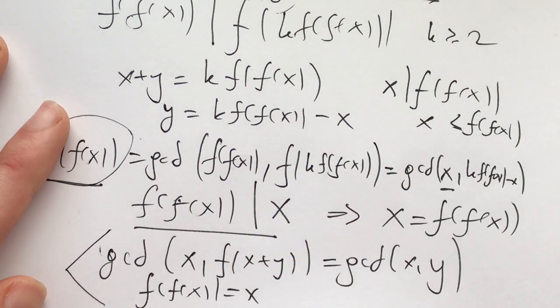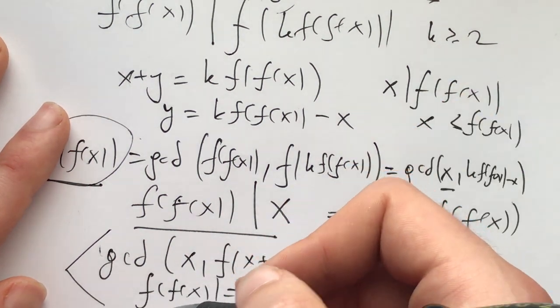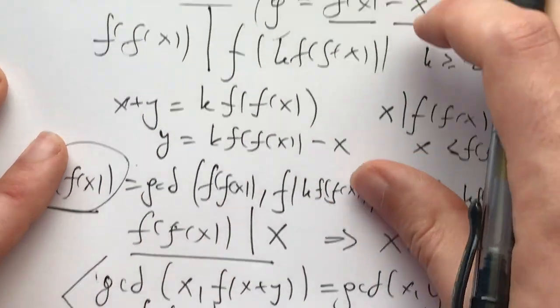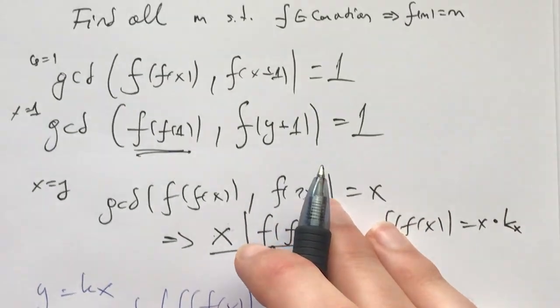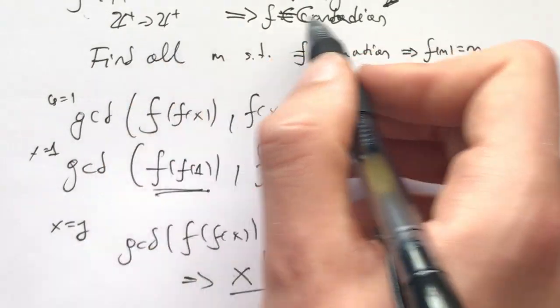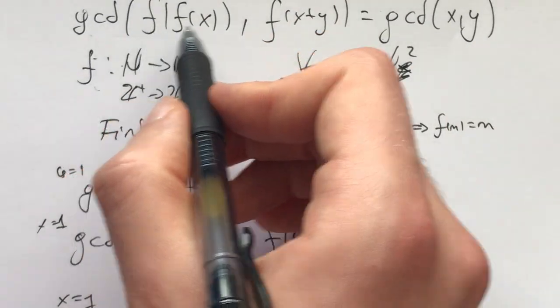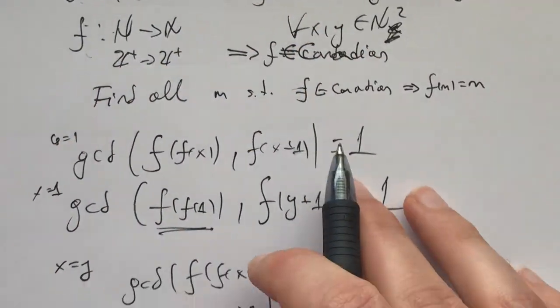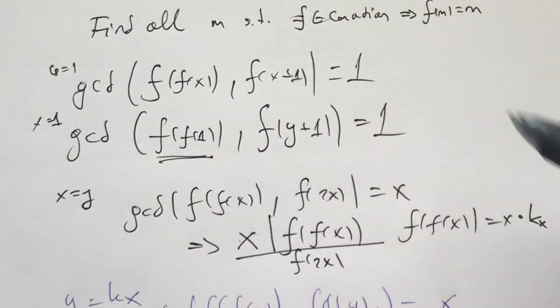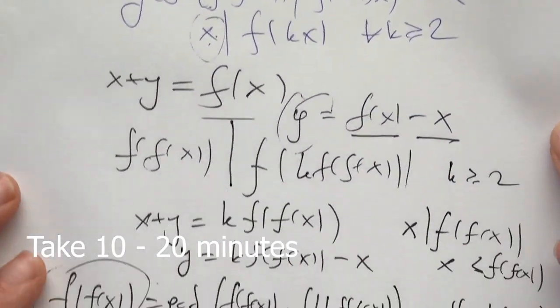Can you find f of x in general? Or can you just solve the easier task, which is find all m such that for all Canadian functions, meaning all f's which satisfy this for every x and y, we have f of m is equal to m. Can you find all such m?